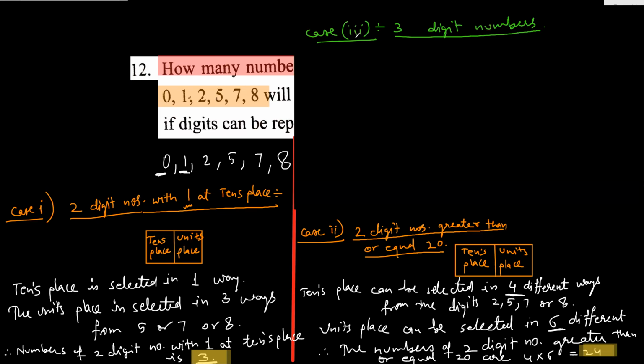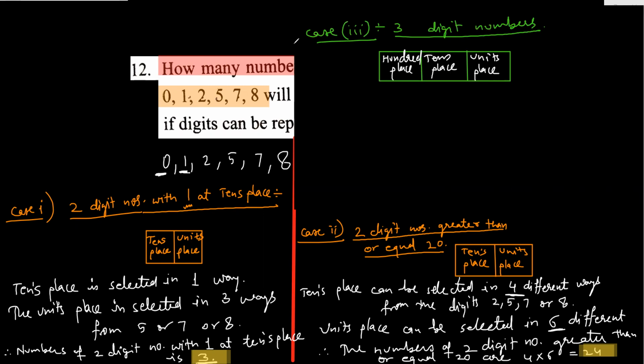So, how is a 3-digit number? See, in a 3-digit number, my dear students, you have the units place, the tens place, and the hundreds place. You got that?